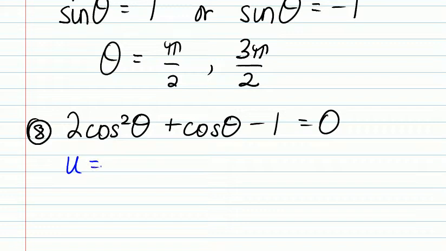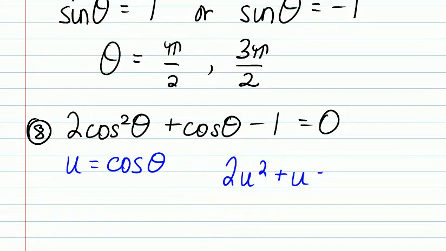We're going to let u be the cosine of theta, which changes this math problem into 2u squared plus u minus 1. And 2u squared plus u minus 1 factors into 2u minus 1 and u plus 1.